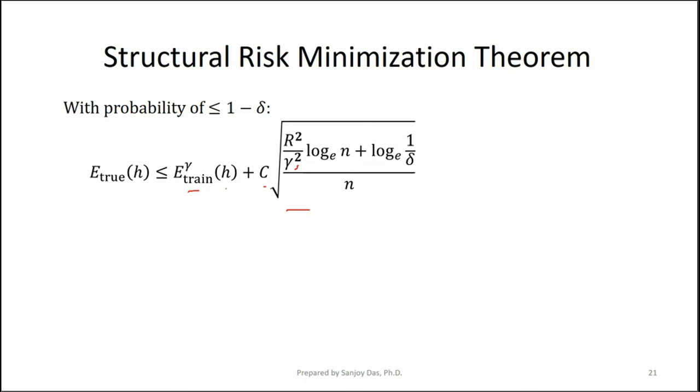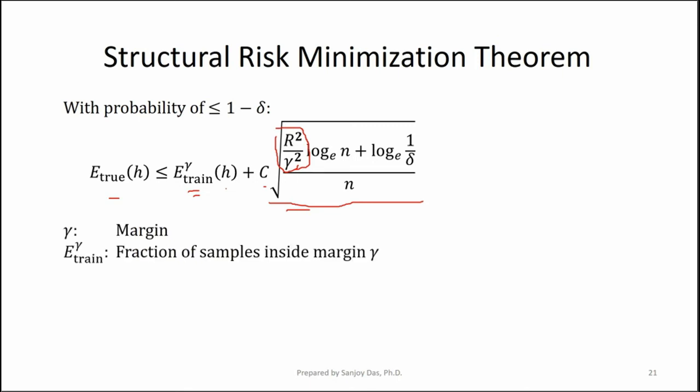So if the margin of separation is high, then this quantity becomes low. Consequently, the second term becomes low, and the true error gets closer to the training error.